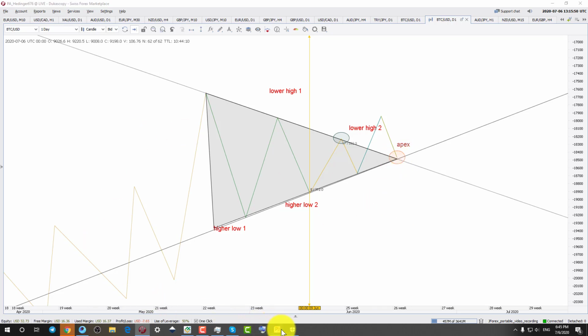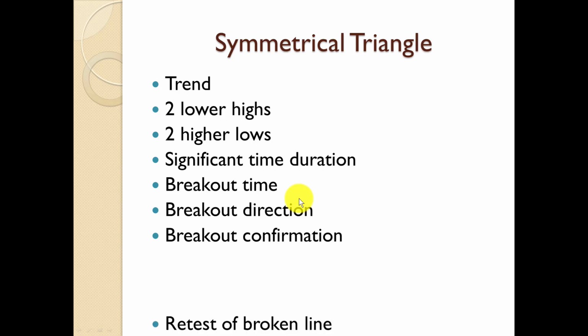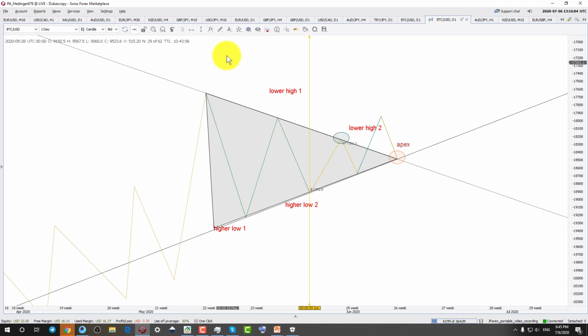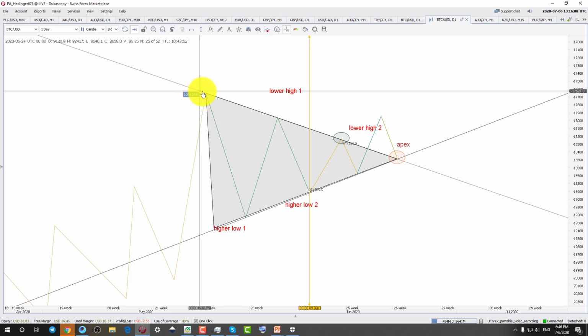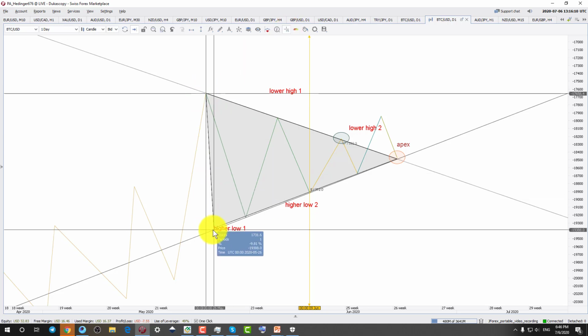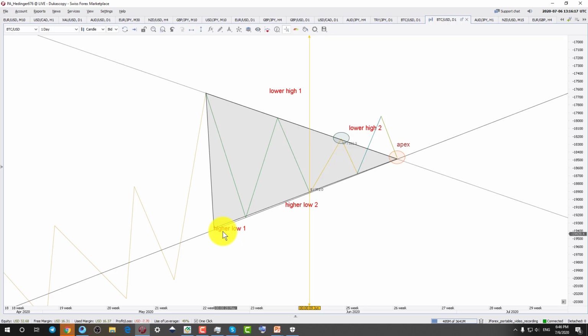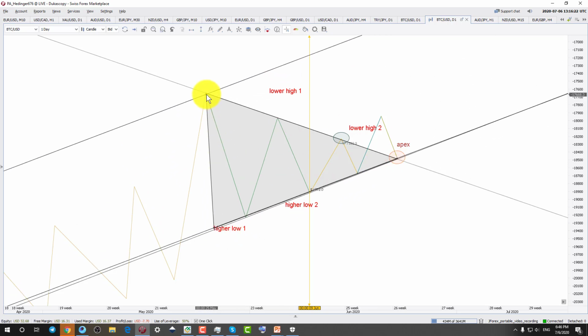Now the next question that comes into mind after this is, where is the target? So in this one you can take the target in two forms. I will say it is approximately the same idea. You can take the maximum height of the pattern, which here is 1731 points, or what you can do is draw a channel which is parallel to this line joining this high.